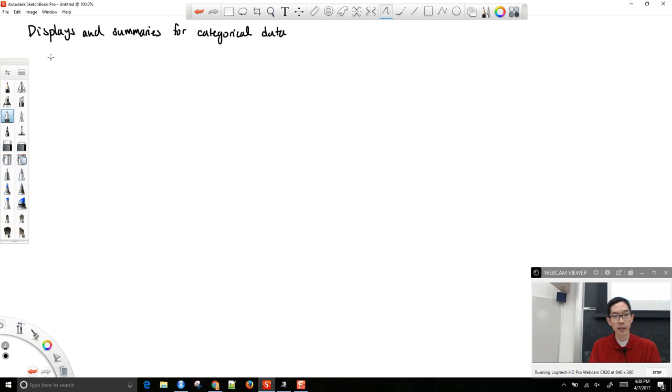We've gathered data on a categorical variable. As far as the categorical variable goes, let's say we went to the parking lot, and we look at each car, and we say, is this car an American car, or is it from Europe, or is it from Asia?